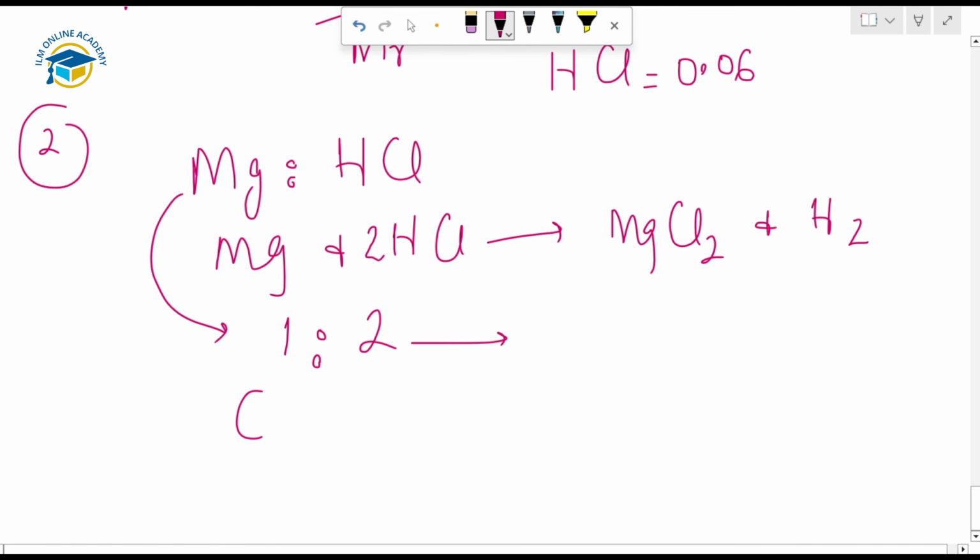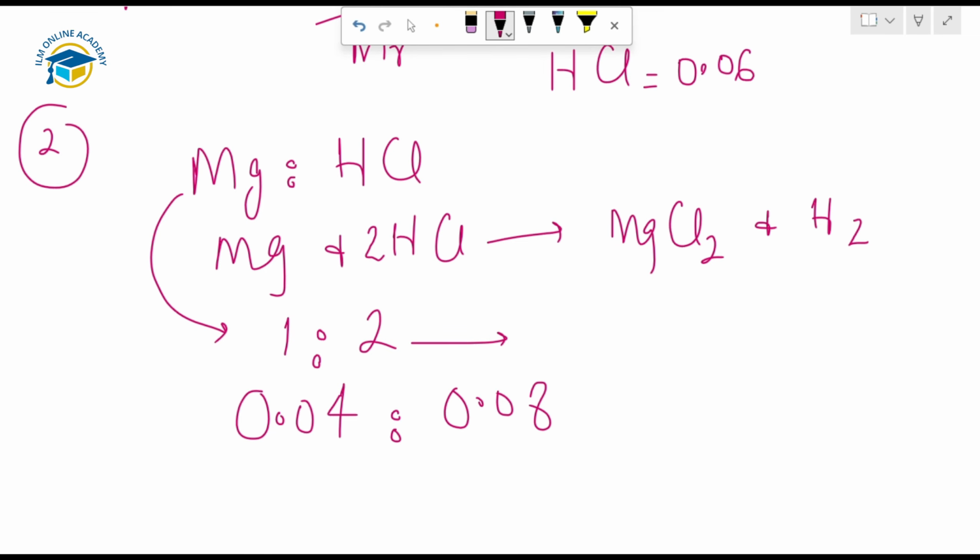According to that, as we found the moles in the first step, 0.04 moles of magnesium would need 0.08 moles of HCl, but there is only 0.06 mole of HCl, so hydrochloric acid will be the limiting reactant.